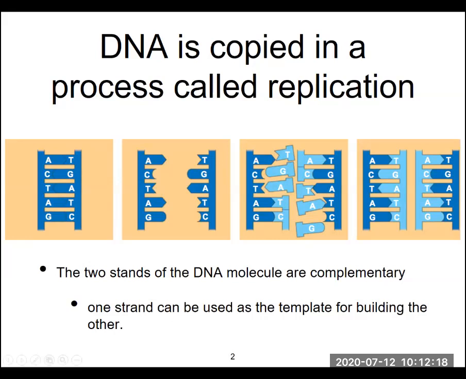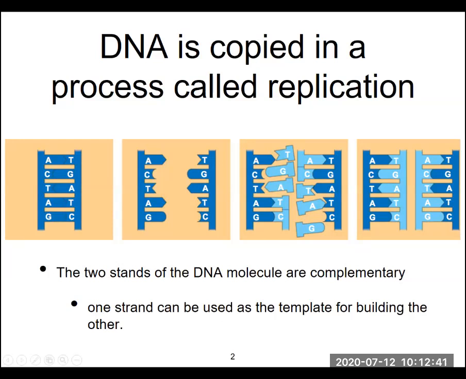We can open it up, and again, these vertical portions of the ladder are still going to remain intact, where we're separating the A's from the T's, and we're going to separate the G's from the C's. So when we do that, what we're ending up with is one strand open over here, another strand open over here, and it's going to be complementary.